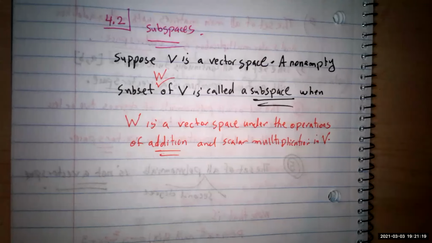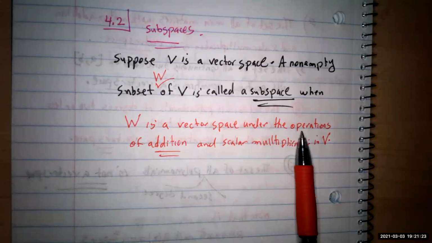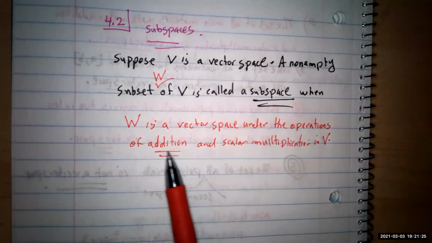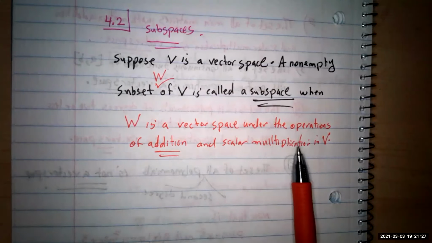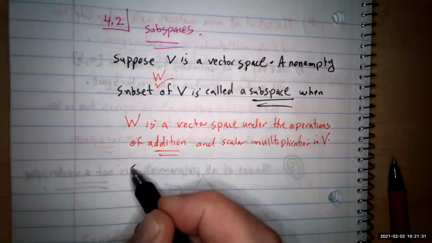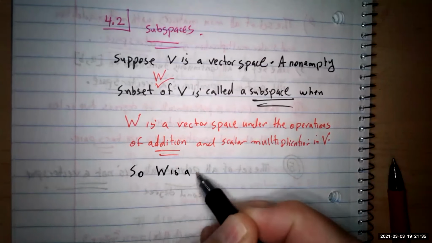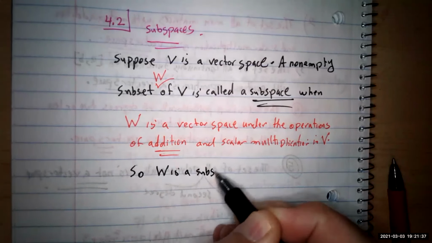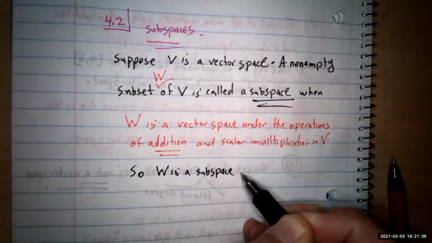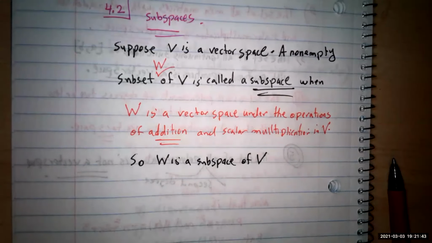Okay, so let's finish it. When W is a vector space with the operations of addition and multiplication from V, W is a subspace of V if it satisfies two conditions.